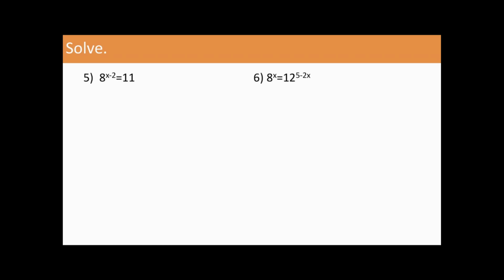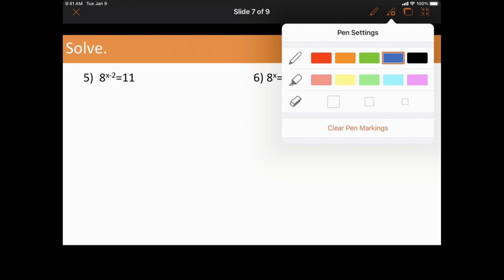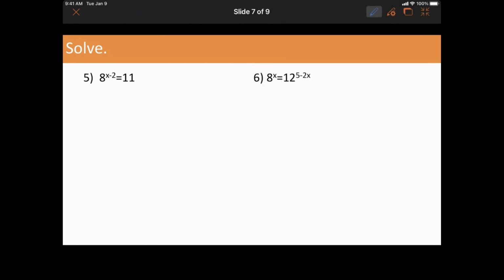So if I'm looking at this again, what do I know? It's an exponential, and I want that variable to get it down. So I'm going to take the log of both sides. So I'm going to take this and power down. Now, when you do that, don't forget to put the parentheses. That is important.